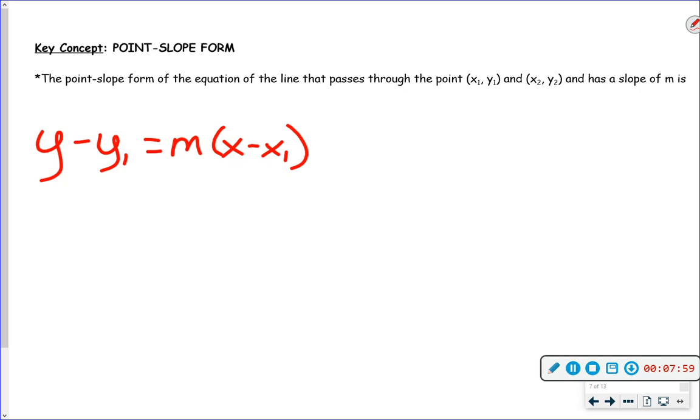And the 3 numbers you're going to have to substitute into here. You're going to have to put in the slope, of course. And we just talked about how to find that, whether you're going to count it on the graph grid or do your y2 minus y1 over x2 minus x1. And then the other 2 values you're going to replace in here are these guys, the x1 and the y1. So those, of course, are the coordinates of a point.